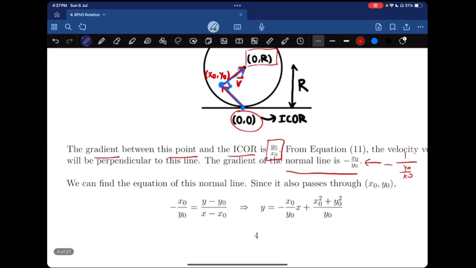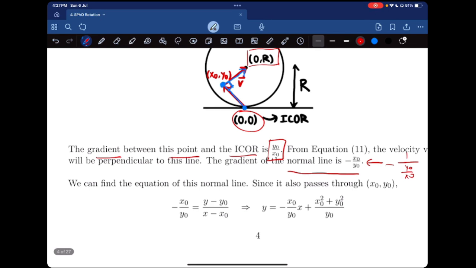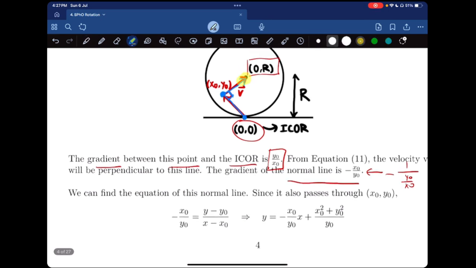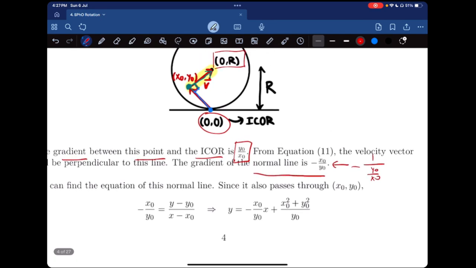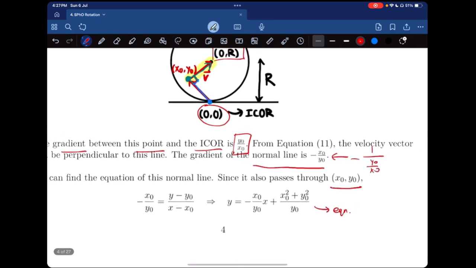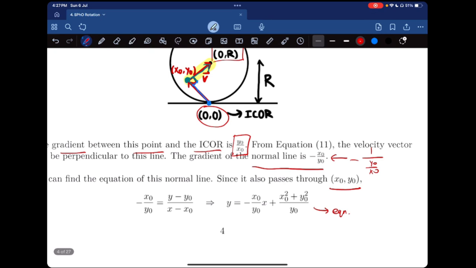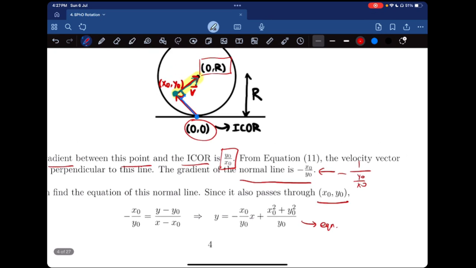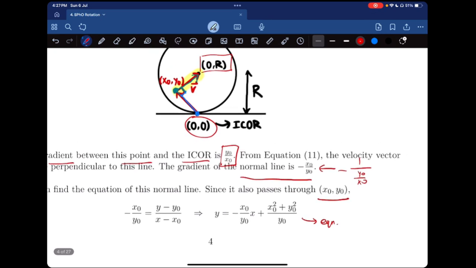So we can then find the equation of this normal line, which is just this line here. And by using the fact that it also passes through x0, y0, you can write this and you can rearrange to get the equation here. And now once you have this, you need to plug in a y and x that this line passes through.